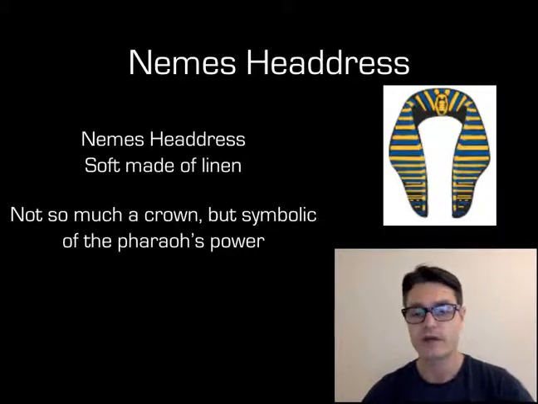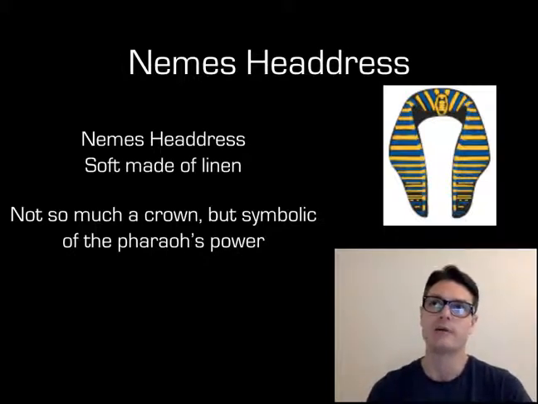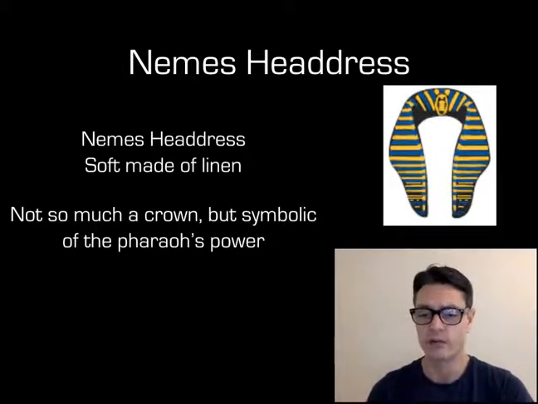So the next one we're going to have a look at is aspects of kingly regalia. Kingly regalia, or pharaonic regalia, is a good term to describe collectively the images or ways that kings depicted themselves officially during this time period. And we need to know what these are and what they're symbolic of.